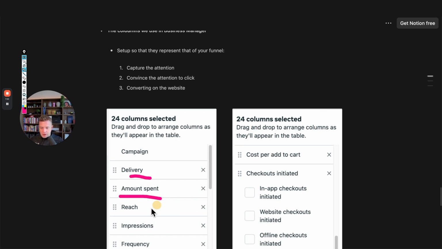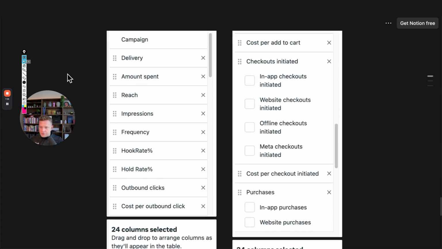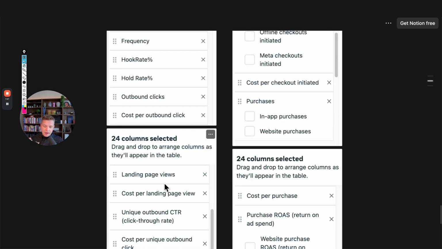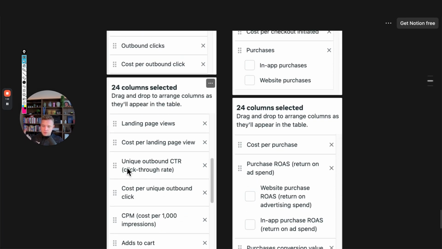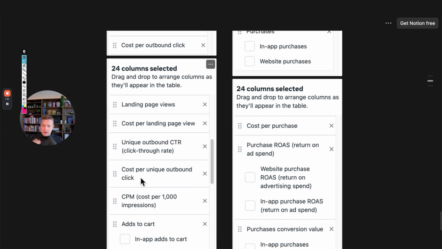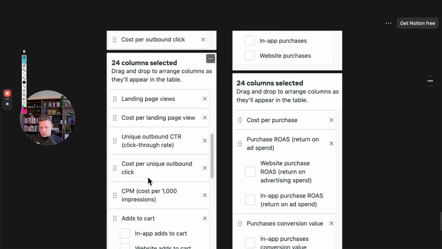First is delivery, amount spent, reach, impressions. Then we have the frequency, the hook rate, the hold rate, the outbound clicks, the cost per outbound click, then landing page views, cost per landing page view, unique outbound CTR, and cost per unique outbound click, like how many unique people are we getting onto the page as well.